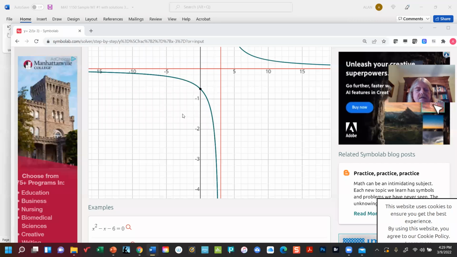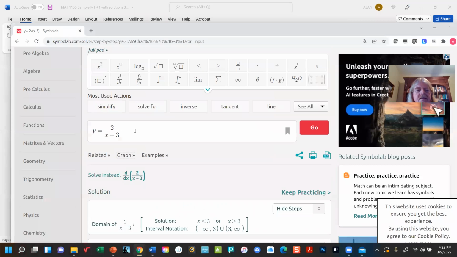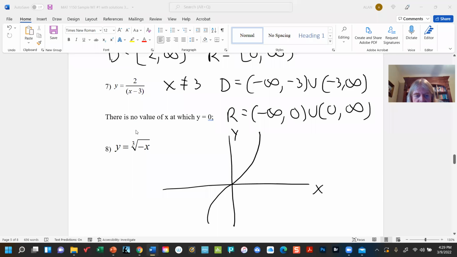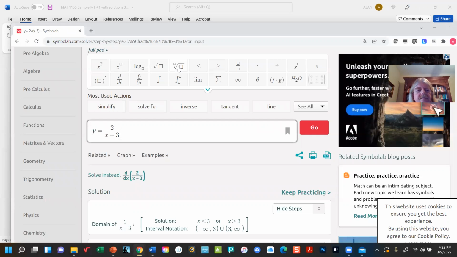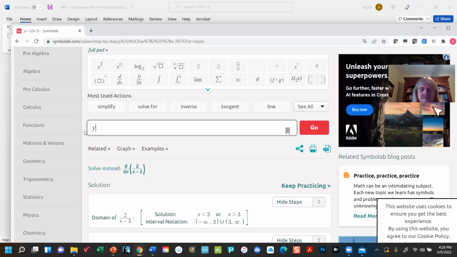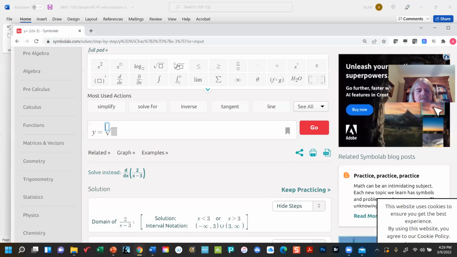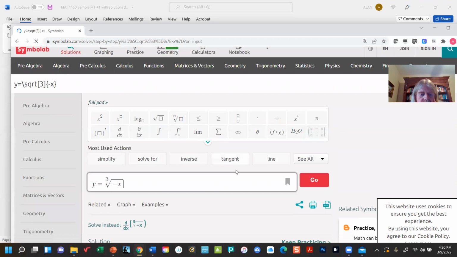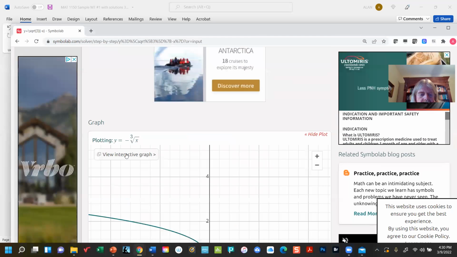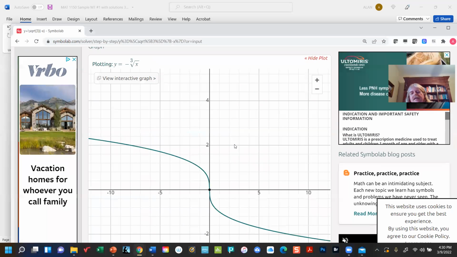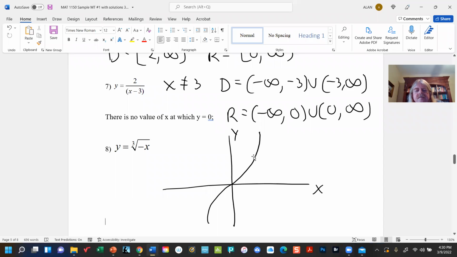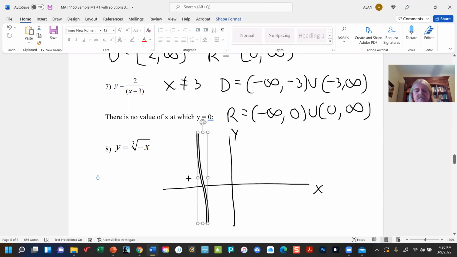Let's just go look here. Y is negative. Okay, it's a cube root of -x. Oh, I got it backwards. Okay, it's that one. Now look how easy that is to fix.